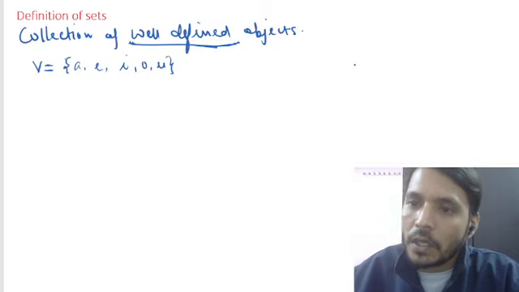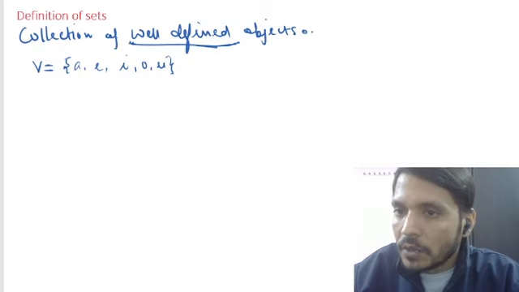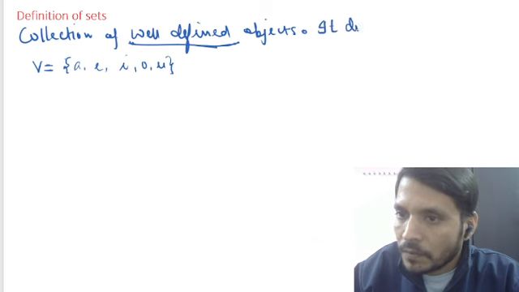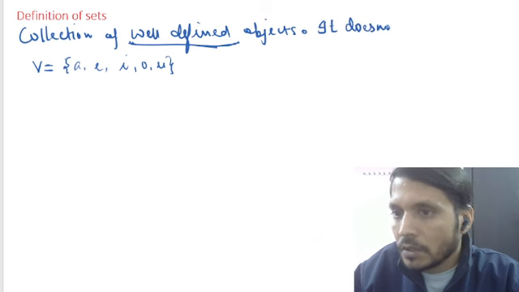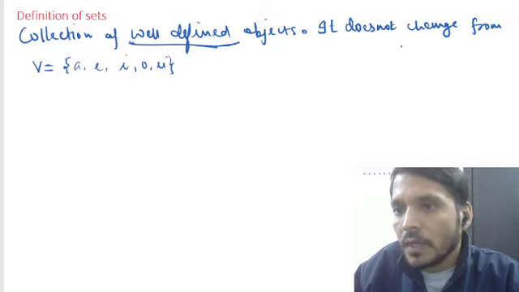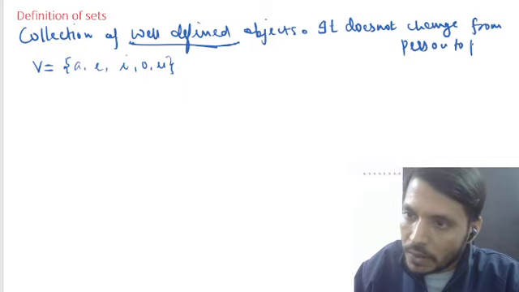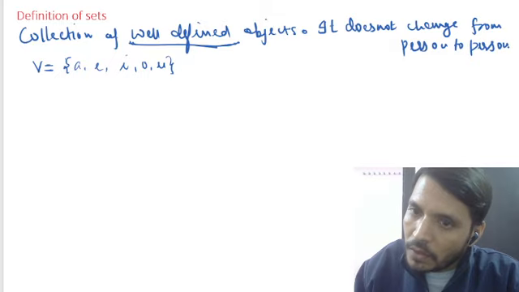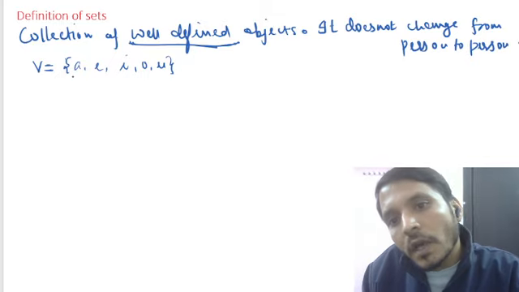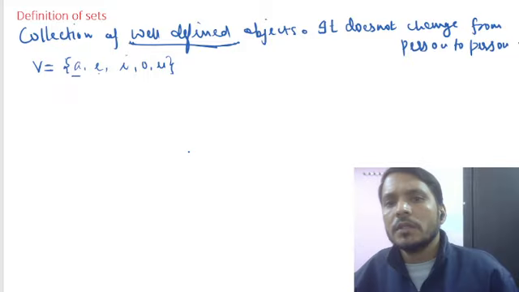In another way, well-defined means it does not change from person to person. What does it mean? It does not change from person to person. Like here, what is the answer for the vowels for different persons?